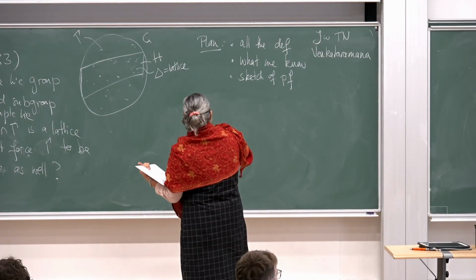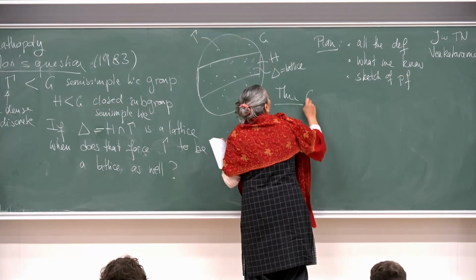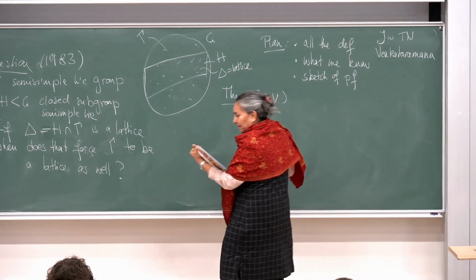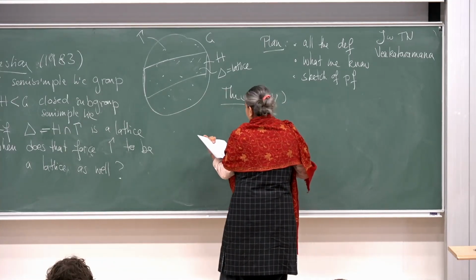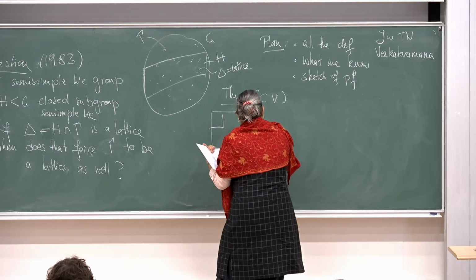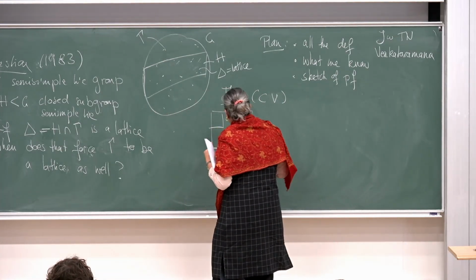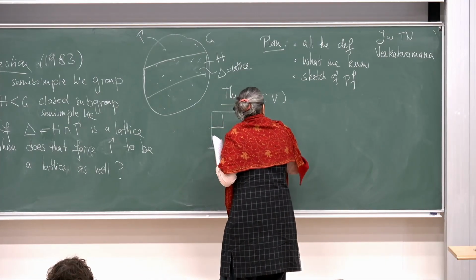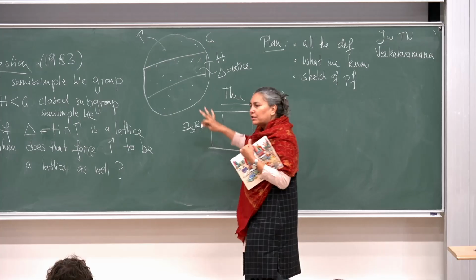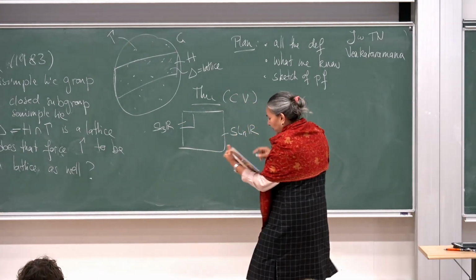The plan. So in the joint work, what we actually do is we prove the following theorem. I'm not putting a date to the theorem. What we show is that in this case, if all your semi-simple groups are SL_n(R), and here you have SL_3(R) in the top left corner, that's important.